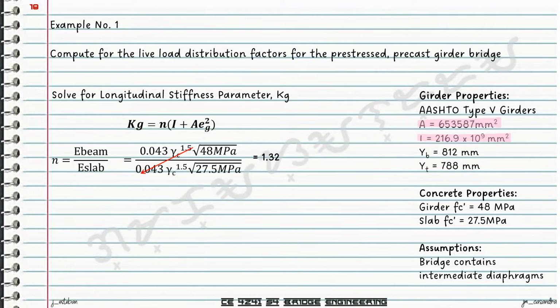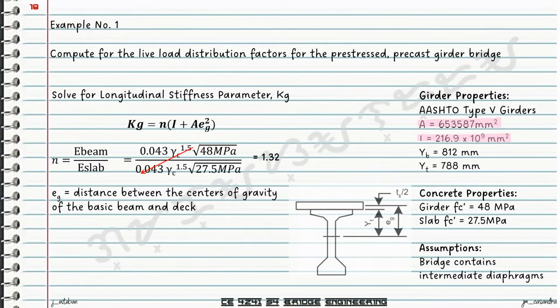Next is to determine e sub g, which is simply the distance between the centers of gravity of our beam and the deck. So in this case, we use this diagram to determine our e sub g. It will simply be the sum of the centroidal distance of the beam and the centroidal distance of the slab.